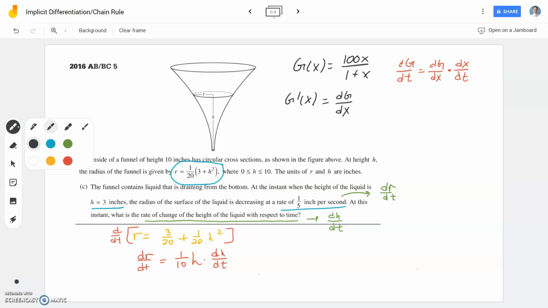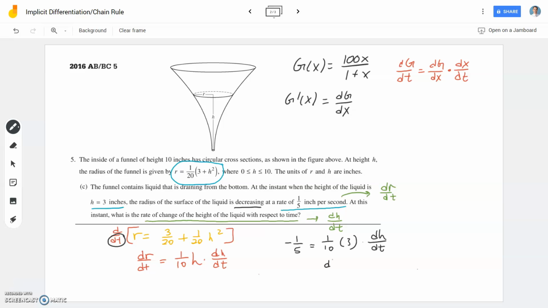So dr/dt is given as 1/5 inch per second. Don't forget that the radius is decreasing, so we would want to put negative 1/5 in there. And h is given to us as 3, which allows us to solve for dH/dt. Again, we wouldn't have had this dH/dt component there had we not differentiated with respect to time.